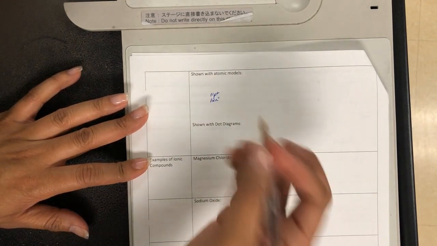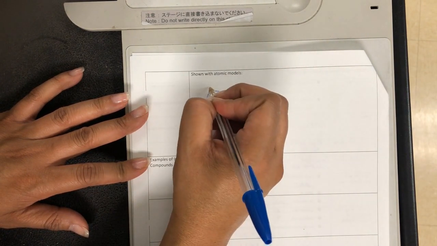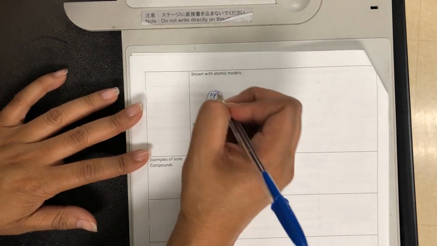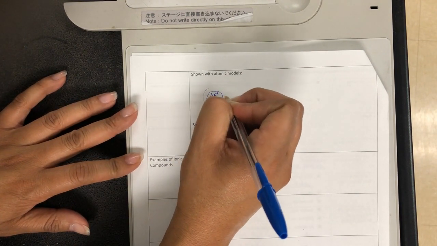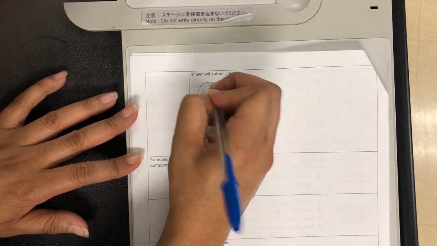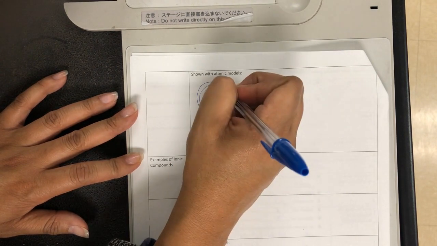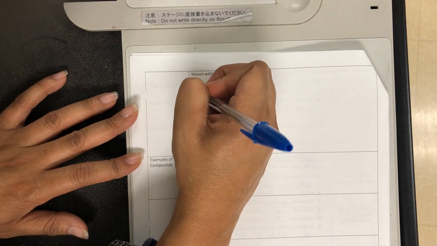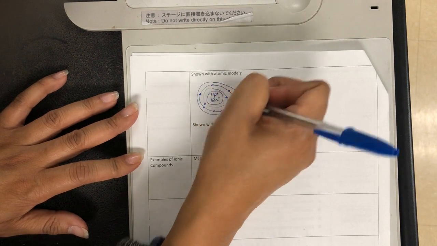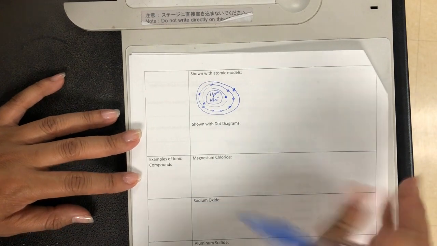I'm going to put a little 0 up there for neutral. The nucleus here is drawn a lot bigger than it normally is. How many shells does sodium have? 3. It has 2 electrons on level 1, 8 on the second, and 1 on the outer level.